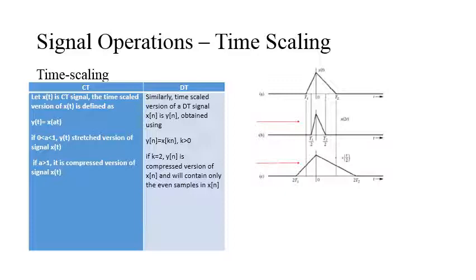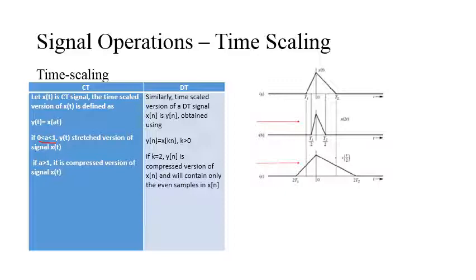So if a has a positive value, it says that a is greater than 0 means positive, and a is less than 1 means it's positive but less than 1. Okay, so in that case we say y of t is the stretched version of x of t, right? So the signal will be stretched.